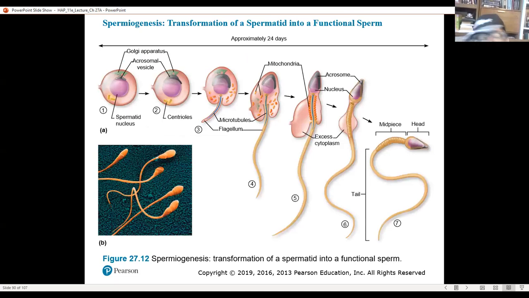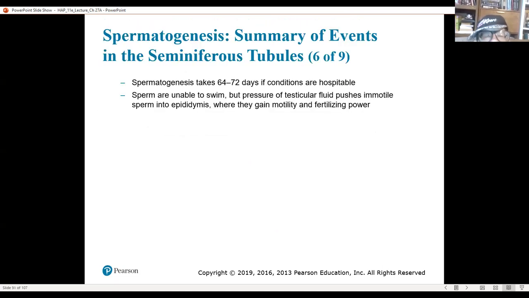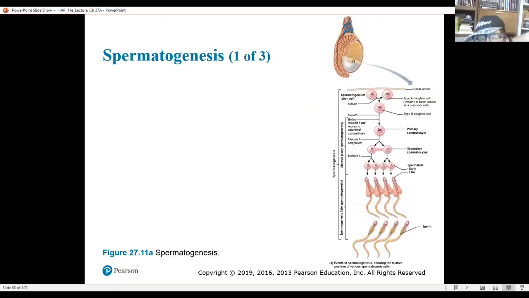All right, there we go. That's the making of a sperm. So, summary of events in the tubule. If things are going well, it'll take 64 to 72 days to make these spermatids. The sperm at that point are unable to swim.